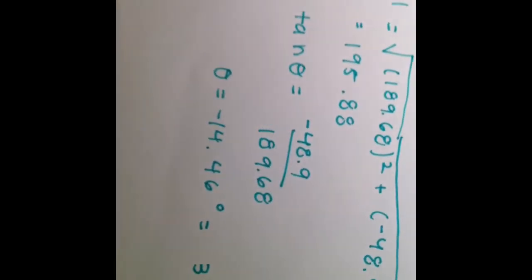So if you write out your entire answer, you have your magnitude. The second displacement has a magnitude of 195.88, this will be in centimeters, in the direction of 345.5 degrees.